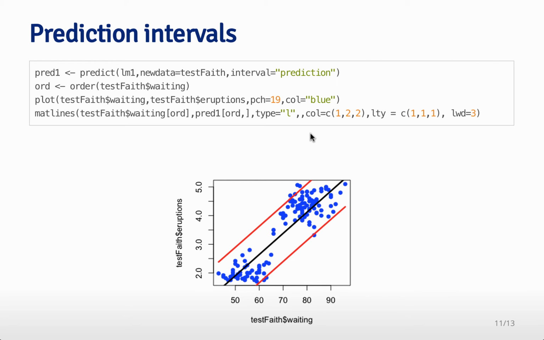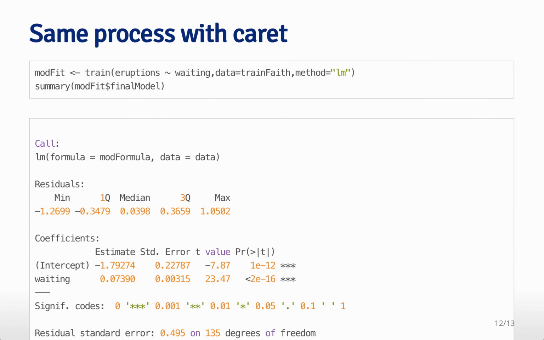So we expect most of the predicted values to land in between these two red lines if our linear model is correct. And so this shows you a little bit about the range of possible values we could predict, not just a single prediction, which can be useful for giving you an idea of how well your model is likely to do on new predictions. It'll tell you what the range of possible predictions is that you might get out.